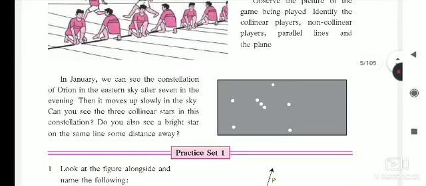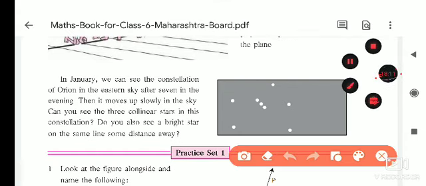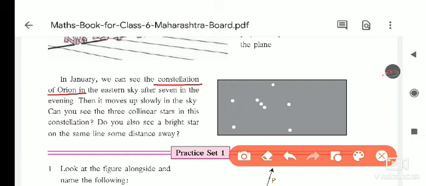Now here, in January we can see constellations. In January you can see the constellation of Orion in the eastern sky after 7 in the evening. This constellation's name is the Orion constellation.